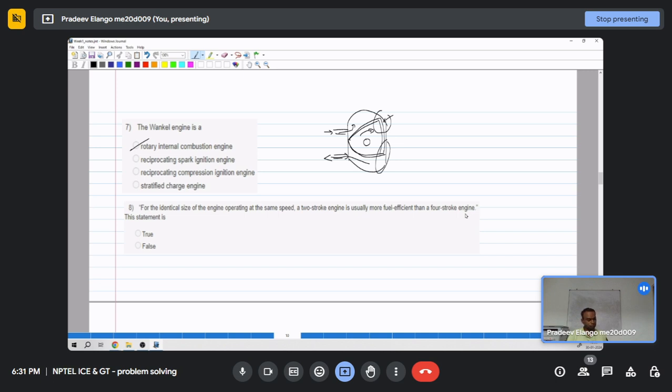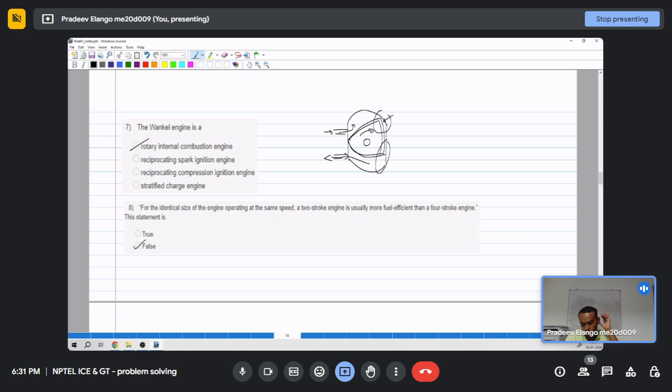This statement is false because two-stroke is actually less efficient than a four-stroke engine because the HC or the fuel will be short circuited and goes to the exhaust without burning. Most of the fuel goes like this. So that is why two-stroke is less efficient.